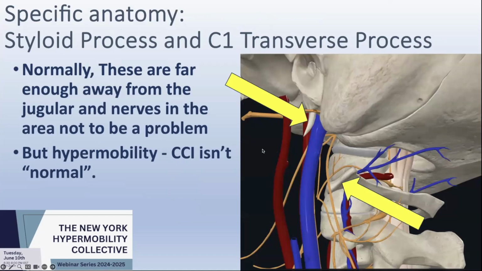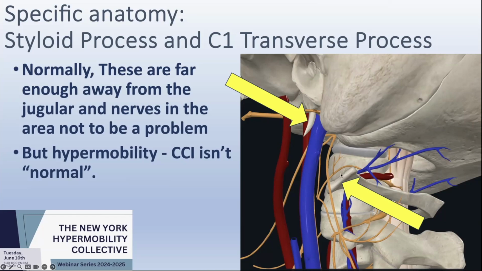One of the other areas that often leads to problems is what we call the stylocervical region. The styloid process comes off the base of the skull. The C1 transverse process comes off the side of the first vertebral body in the spine. And the nerves and the jugular vein run in the space in between.